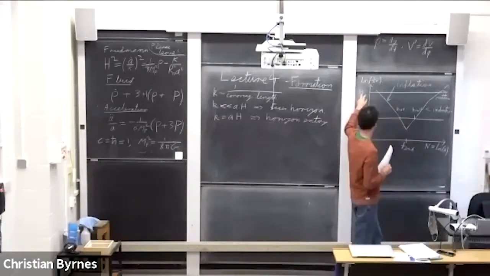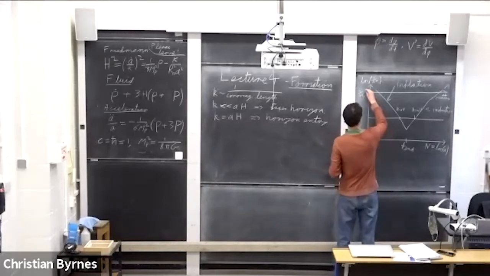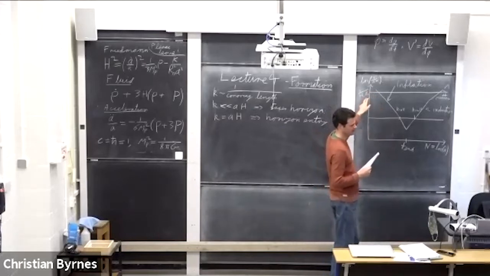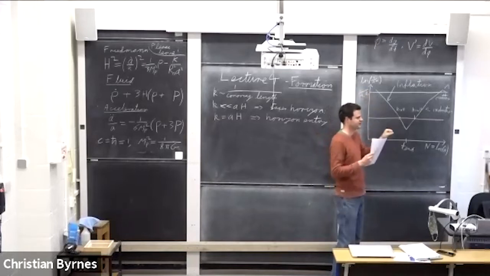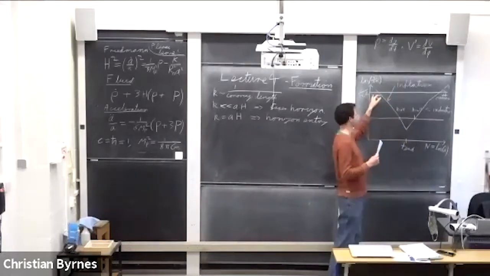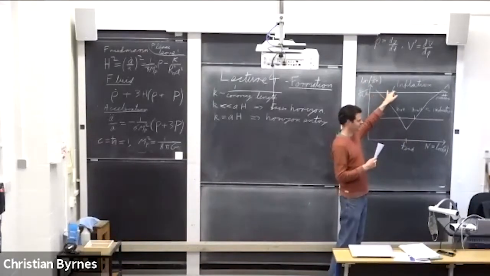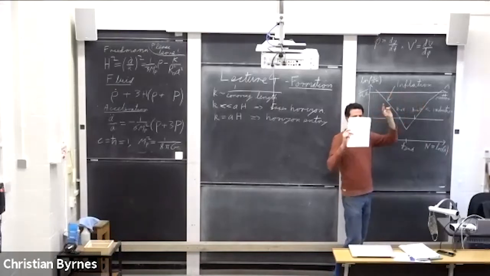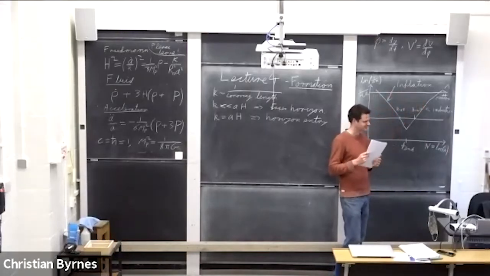So this scale 1 over H naught, technically, I should have written 1 over a naught H naught. But a naught we set equal to 1, so the scale factor today is 1. And so this 1 over H naught has a constant co-moving scale. And there was a time when it was inside the horizon during inflation, then it left the horizon, and then it re-entered recently, in quotation marks.